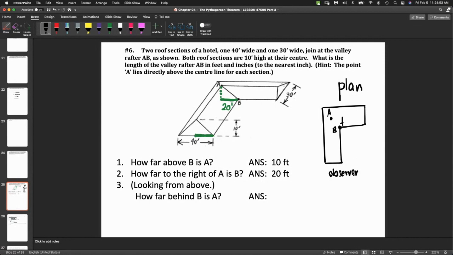You can see that offset, and that A is actually behind B. This is 30. So the conclusion is that this length here is 15. So 15 feet.